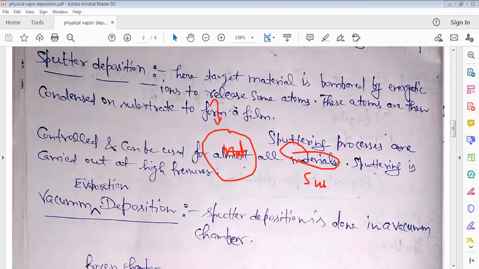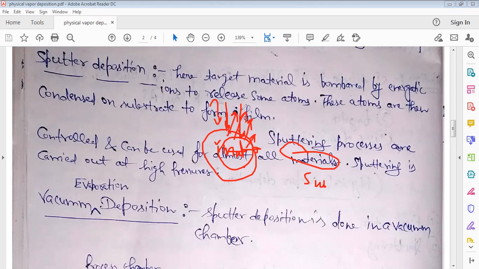Due to this bombardment, the sputtering process takes place and metal atoms are released from the metal.